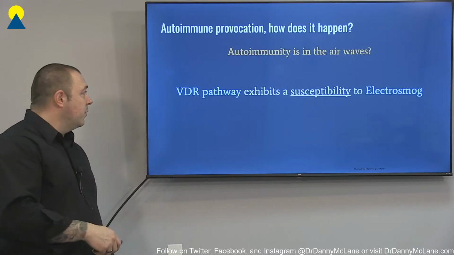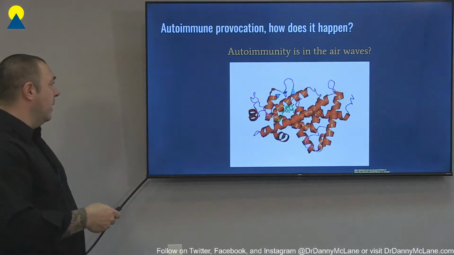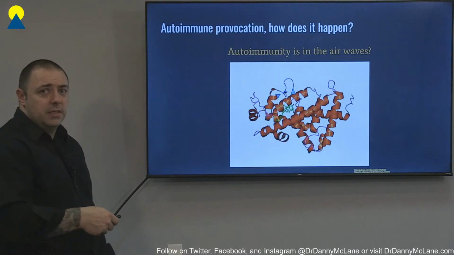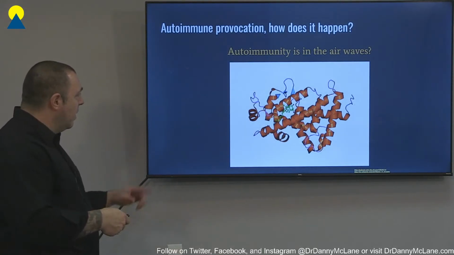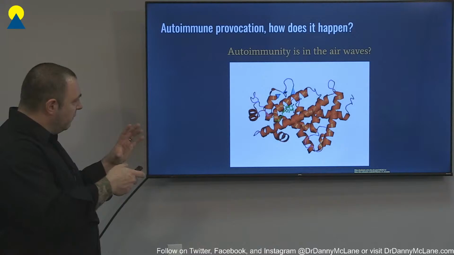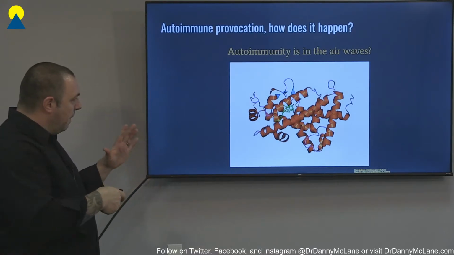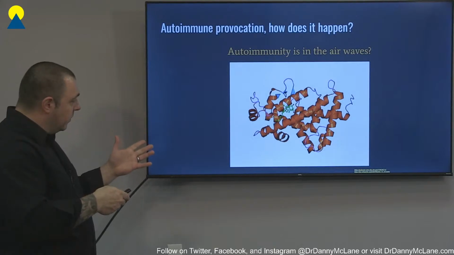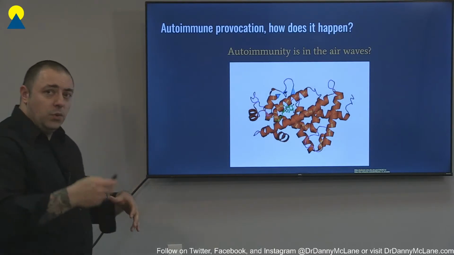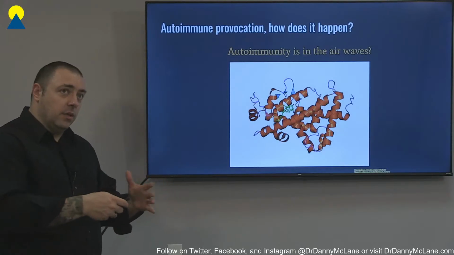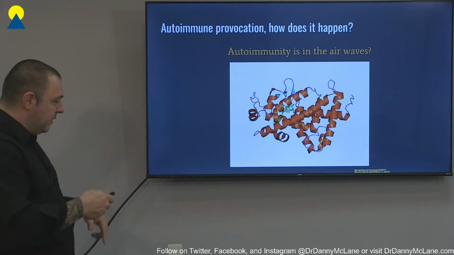This was demonstrated in laboratory settings. By the way, it's beautiful, isn't it? So this is the vitamin D receptor. All those proteins, they fold and unfold, and they have to move into positions to connect like a lock and key, and they are susceptible to changing shape, kind of like when you cook an egg and the clear part turns white. That's basically what happens here.